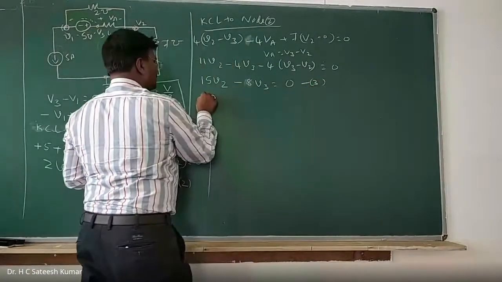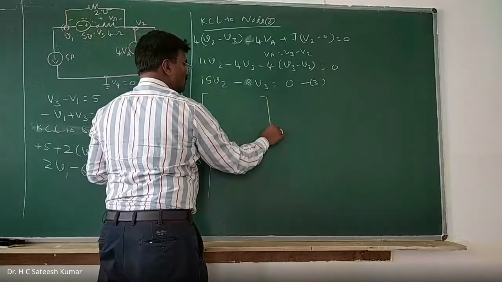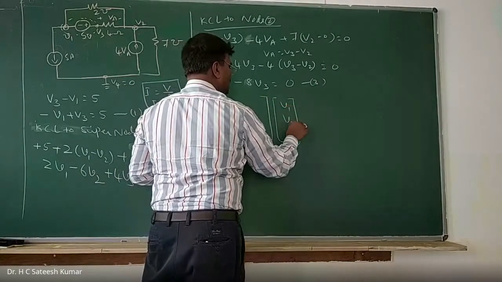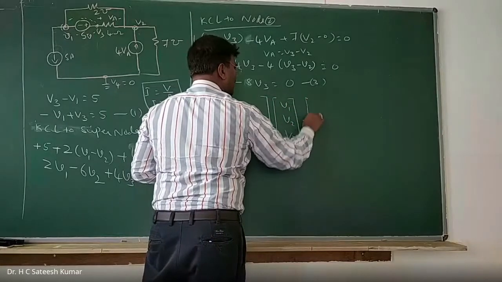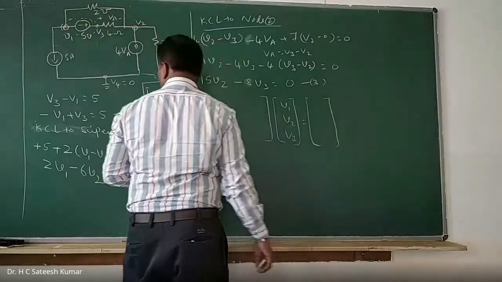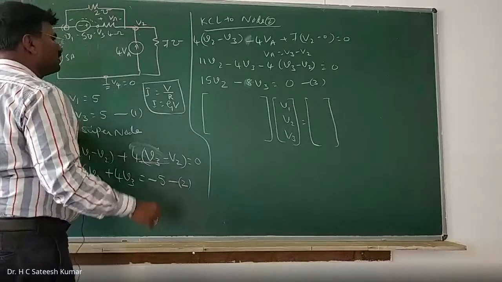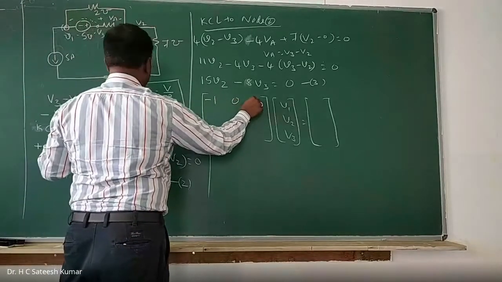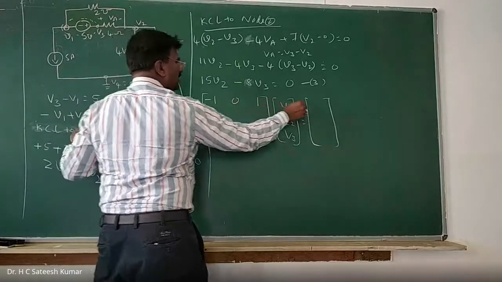Now go for the solution, V1, V2, V3, and write it in matrix form. Equation number 1: V1 coefficient is -1, V2 coefficient 0, V3 coefficient 1, and right hand side is 5.